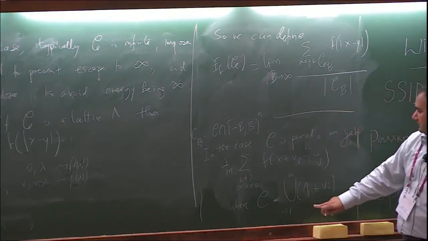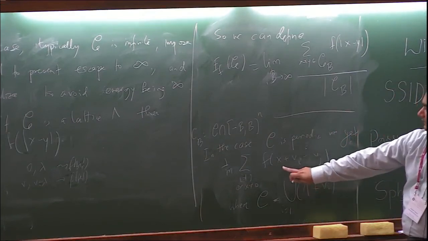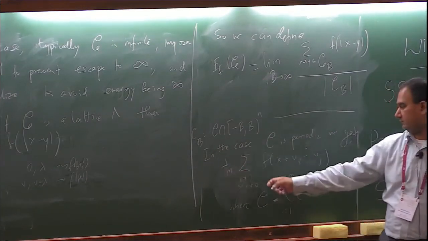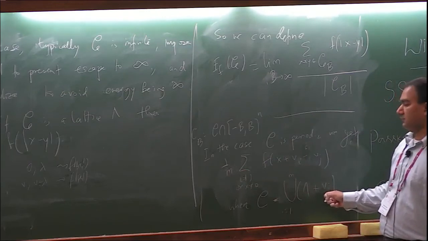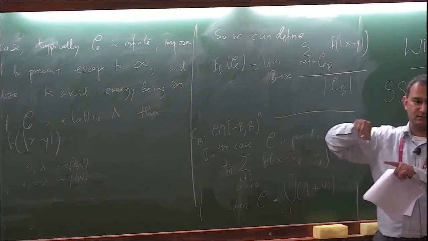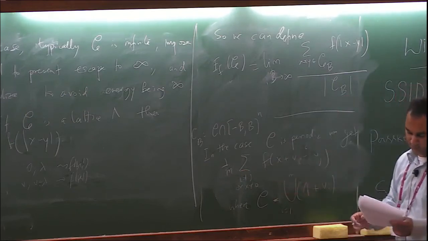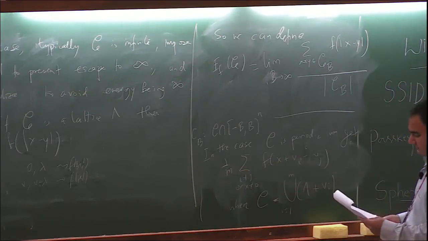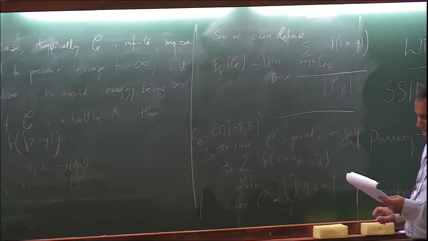It's basically the average over all the translates of looking at all the distances from that particular translate. So that's another way to define potential energy for periodic configurations, and that's something we'll need.